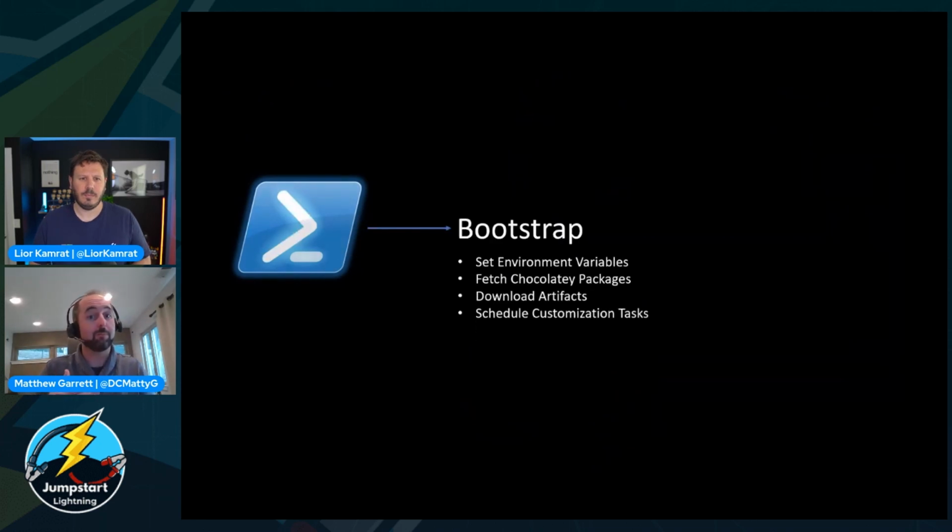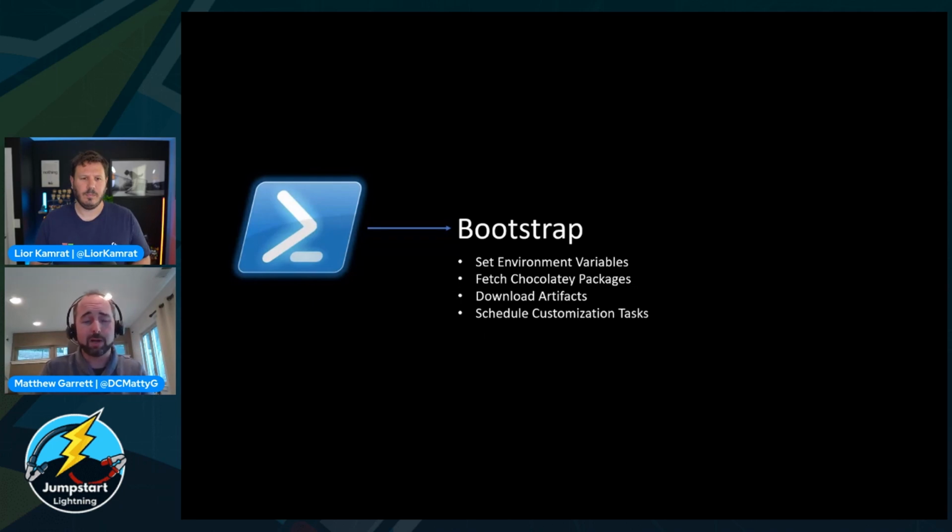Some of the things that happen once you deploy the template, whether you're using ARM, Bicep, or Terraform, doesn't matter: after the Azure artifacts are created, there's a process that happens on what we call the client VM. The first thing that we do is what we call Bootstrap. Bootstrap is really prepping this client VM to get ready for all of the subsequent processes that are going to bring this ArcBox environment to life.